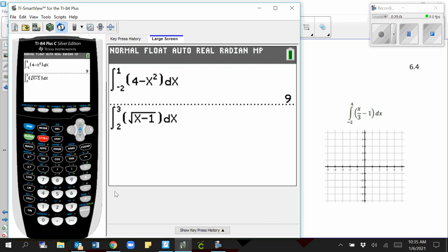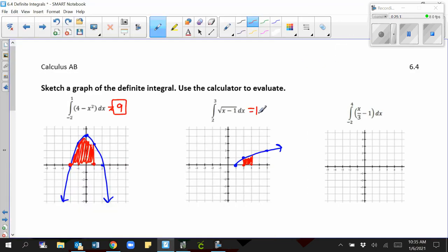Integrals, remember, are antiderivatives. They undo a derivative, so that's kind of why we have that dx there. And then I'm going to hit enter, and it gives me this decimal. I'm going to round it, so I'm going to have 1.21895. So it's equal to 1.21895. So sometimes it's not nice, pretty numbers, and that's okay.